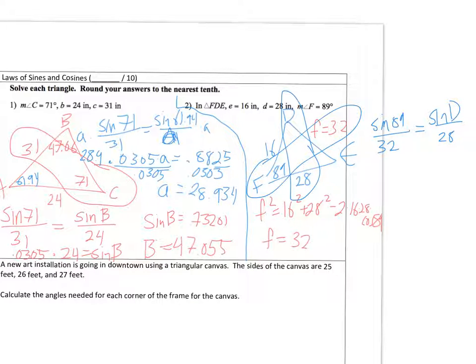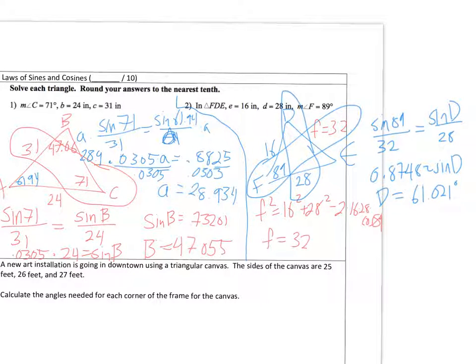Doing that out, sine of 89 divided by 32 times 28 gives me 0.8748 equals sine D. Taking the inverse sine of both sides to get D by itself, we get that D is equal to inverse sine of 0.8748, 61.021 degrees.